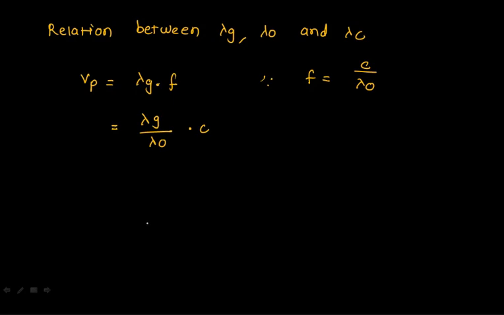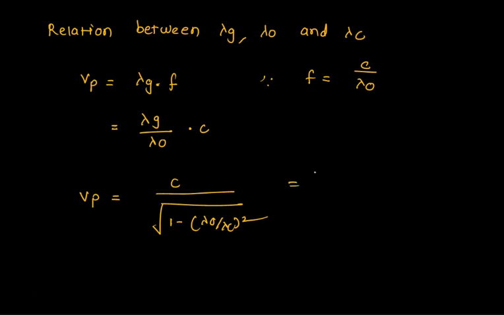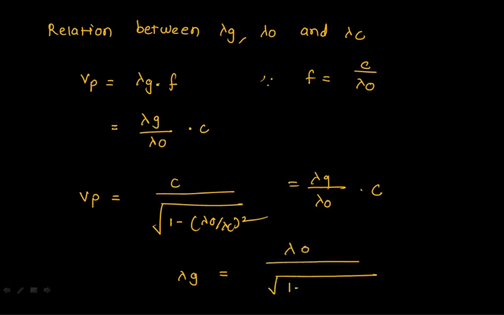Okay. And we know that our phase velocity is c by root of 1 minus lambda 0 by lambda c square. So if I equate both these equations, lambda g by lambda 0 into c, c will get cancelled, this lambda 0 will come here, and this complete equation will become lambda g equals lambda 0 by root of 1 minus lambda 0 by lambda c square.